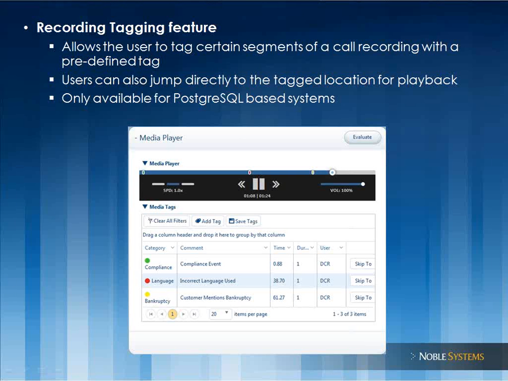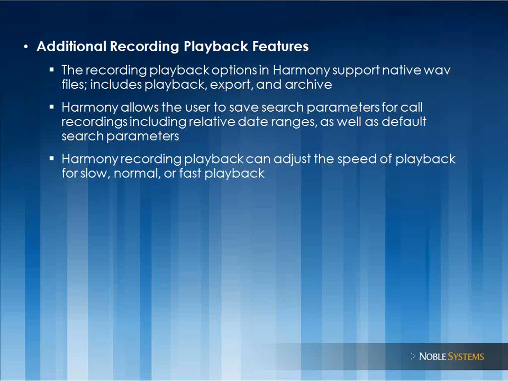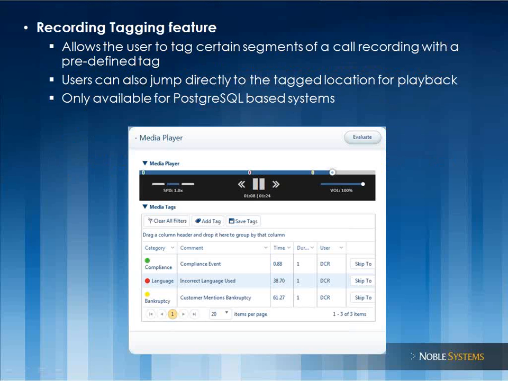One of the other new features inside the interface for recording playback in Harmony 4 is the recording tagging feature. This allows you to tag certain segments of a call recording with pre-recorded tags you set up. For example, maybe you want to have a tag every time there's a compliance event. Maybe that's the moment in which your agent informs the listener that they are being recorded.